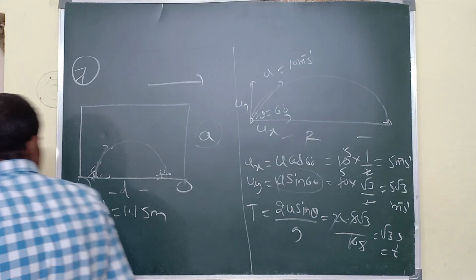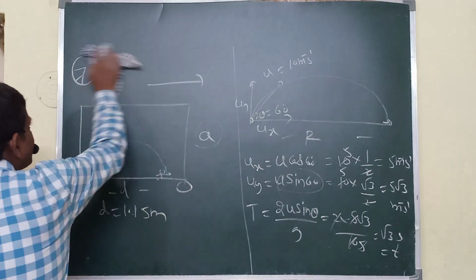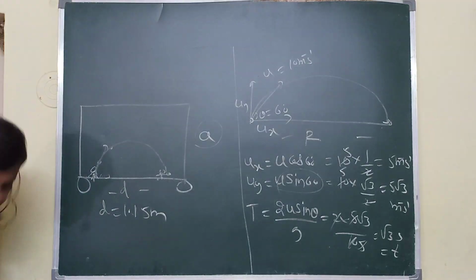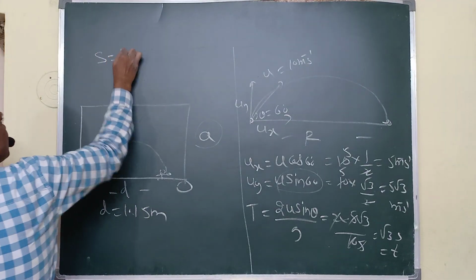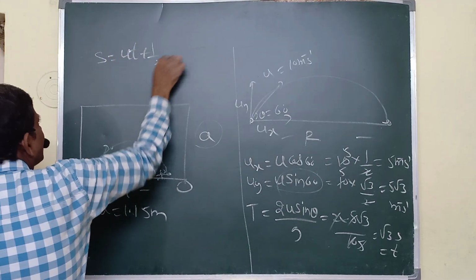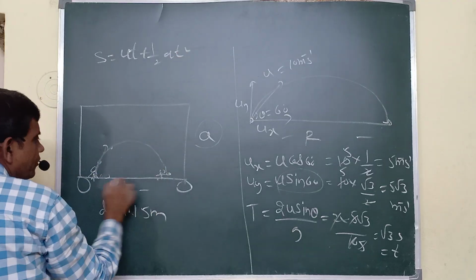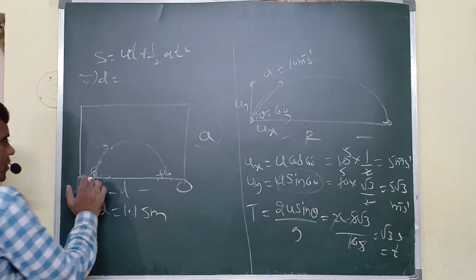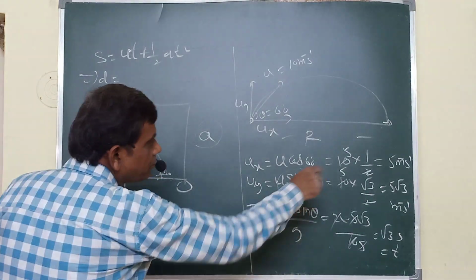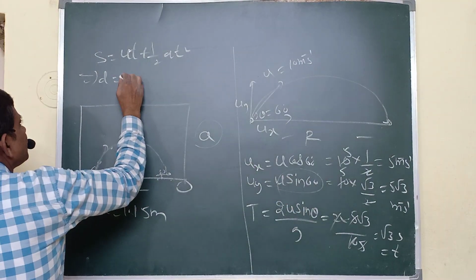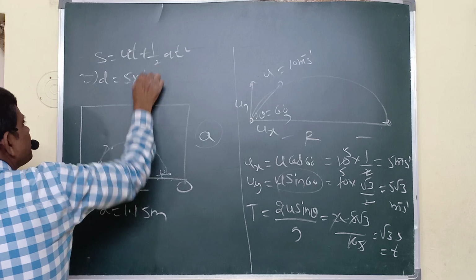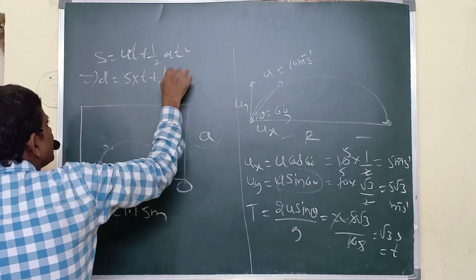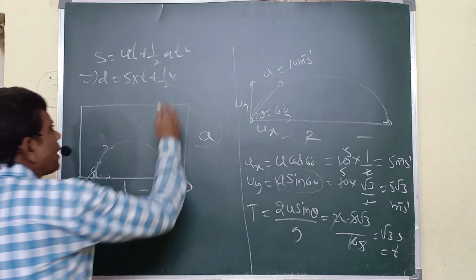Now, to go from here to here, the formula is S equals ut plus half at square. What is the distance? d. That equals u, the horizontal component, which is 5, into t, plus half into acceleration, which is minus a.